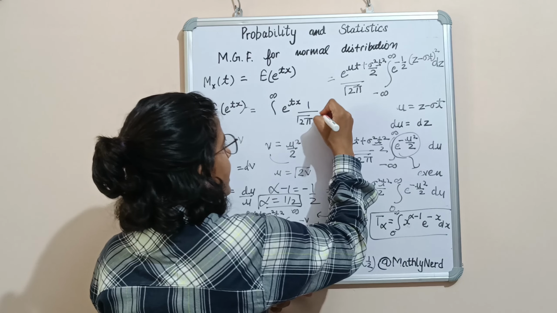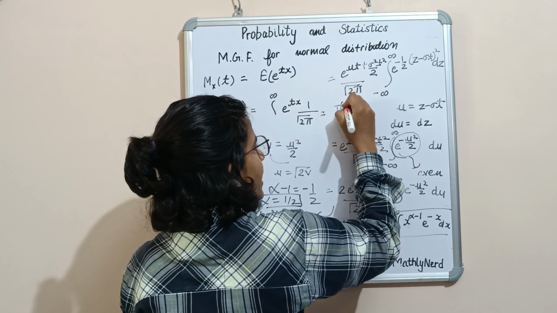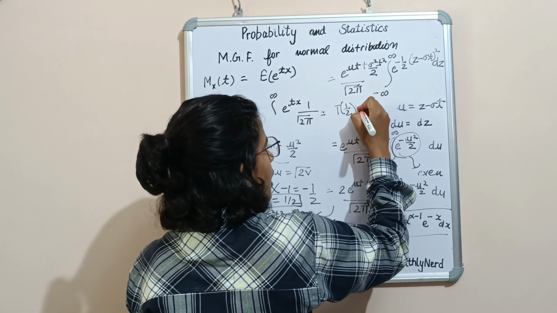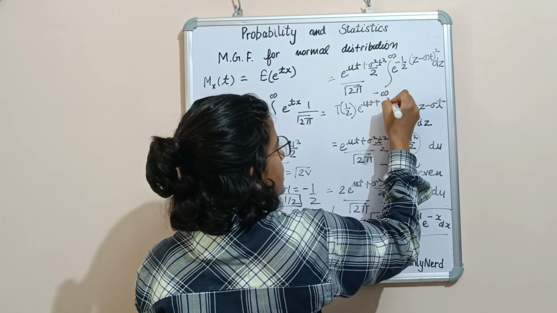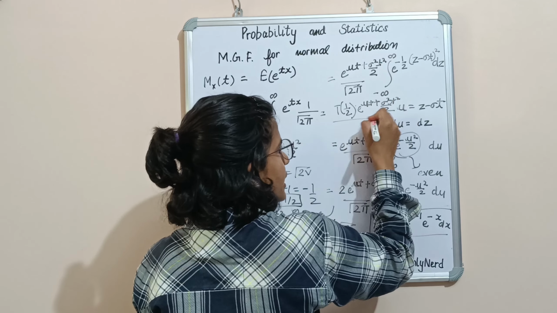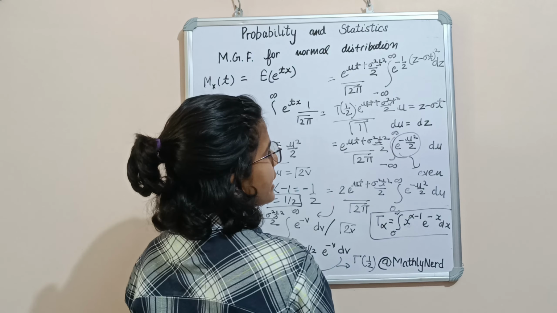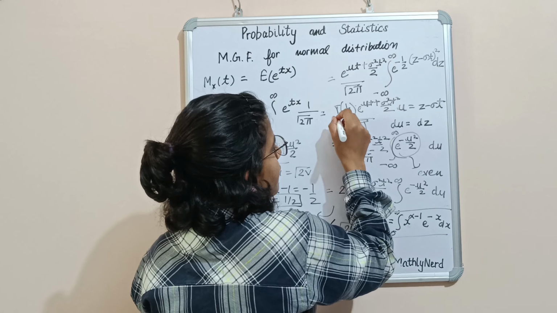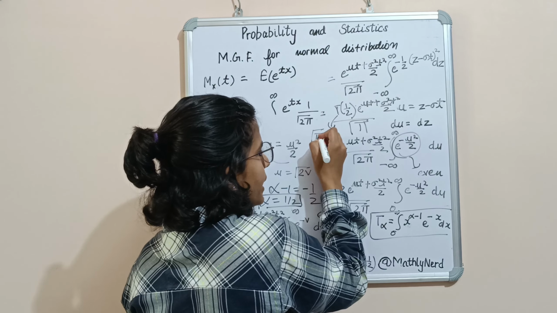So this will be equal to the gamma function of 1 by 2 into e raised to power mu t plus sigma square t square by 2, divided by under root pi, because this 2 will be cancelled out. Now we know that the gamma function of 1 by 2 equals under root pi.